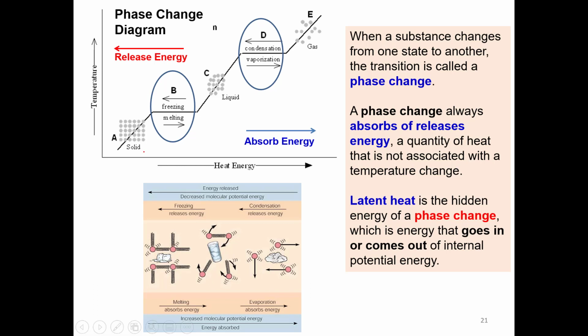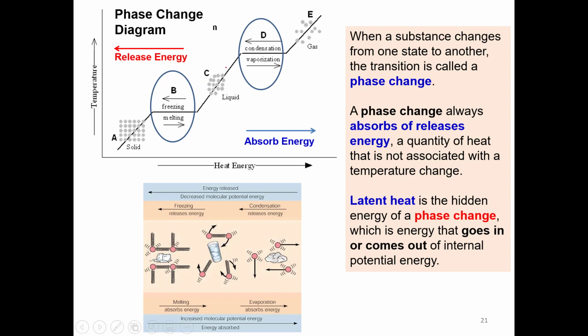Then the temperature will increase, because now the molecules of that material will start vibrating faster or moving faster. They will have more kinetic energy. Then the temperature increases, but at some point, if the material has enough energy, this solid will be turned into liquid.